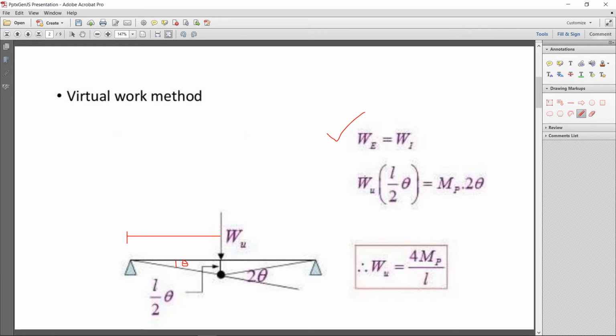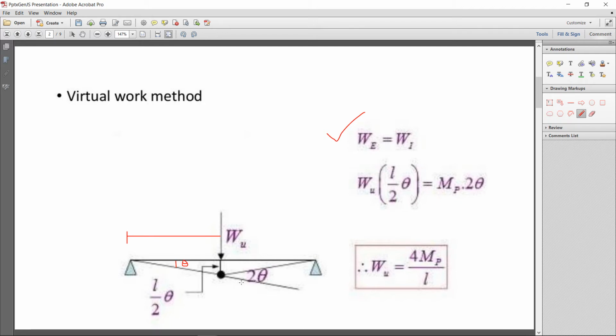The external work done is load into deformation. So the external work is Wu into deformation, that is L by 2 into theta. Now for the internal work done, at the point where the plastic hinge is formed, the deformation is 2 theta. Okay, 1 theta from this side, 1 theta from this side, total is 2 theta.